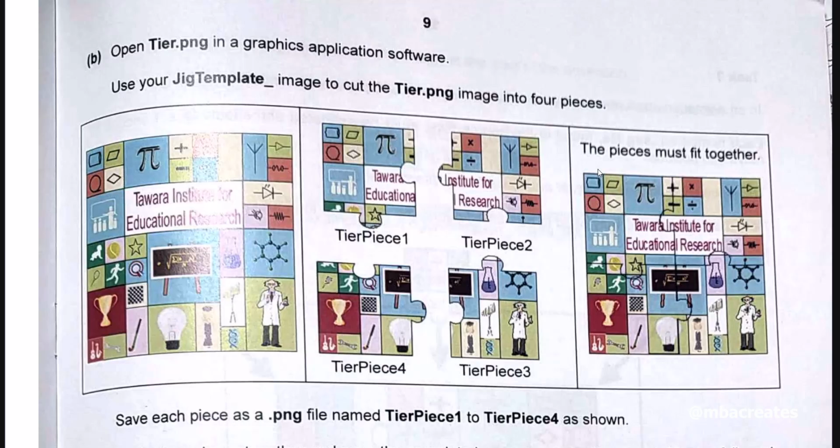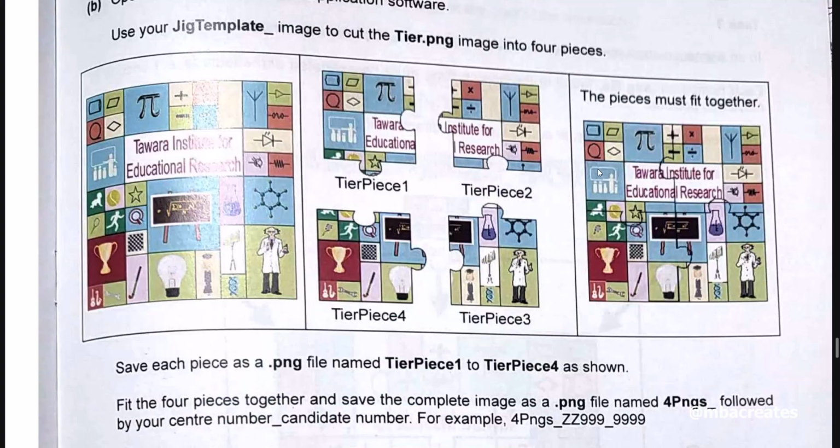We will then head into the source files and open tier.png in graphics application software and use our jig template image to cut the tier.png image into 4 pieces. And there's an illustration of how it should go. So we have to save each piece as a PNG file named tier piece 1 to tier piece 4 as shown.